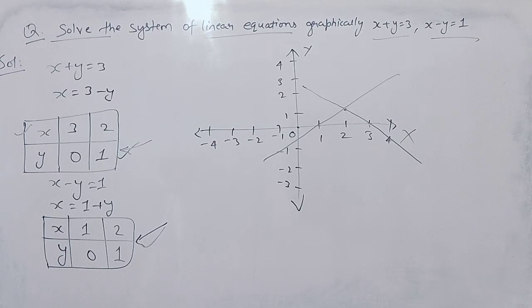As you know, these two lines are intersecting to each other, so we cannot say that these are two parallel lines. We cannot say because both are intersecting.